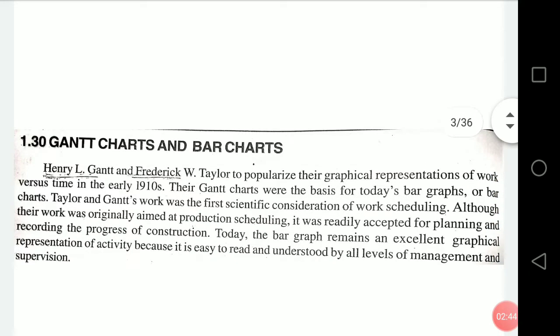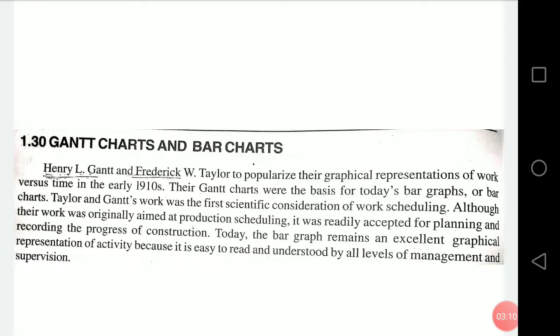Right now, let us discuss what exactly the Gantt chart and bar chart are. Basically, the Gantt chart and bar charts were introduced by Henry Gantt and Frederick Taylor to popularize their graphical representations of work versus time in the early 1910s.